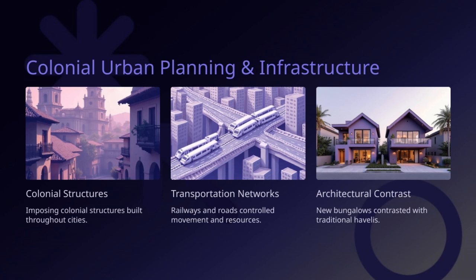All of these elements, new versus old architecture, transportation networks, and colonial structures, are interconnected. They reveal how historical forces, technological advancements, and cultural shifts have collectively shaped the cities we see today. Understanding this contrast helps us appreciate the layered history embedded in urban landscapes.